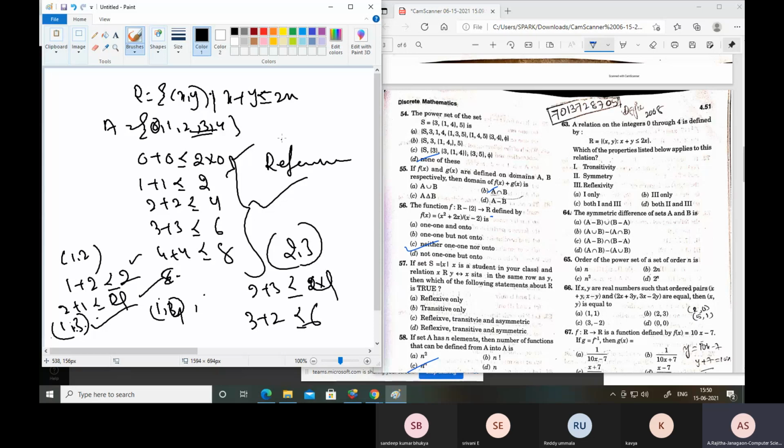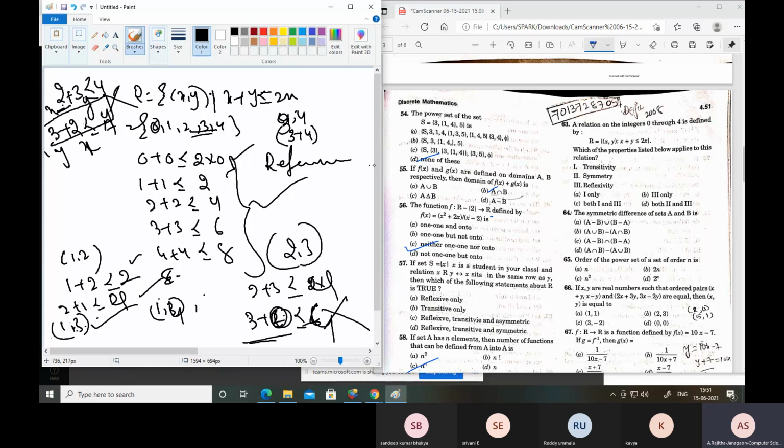That means 4 comma 3 comma 4 is there. Sorry, every time it is the x value. So this is x comma y comma z, here only 4. So 2 comma 3 less than or equal to 2 into 2, 4. Here 3 comma 2. So this is x, this is y, this is y, this is x. So 4. Now 5 less than or equal to 4. So the symmetric property is not satisfied.